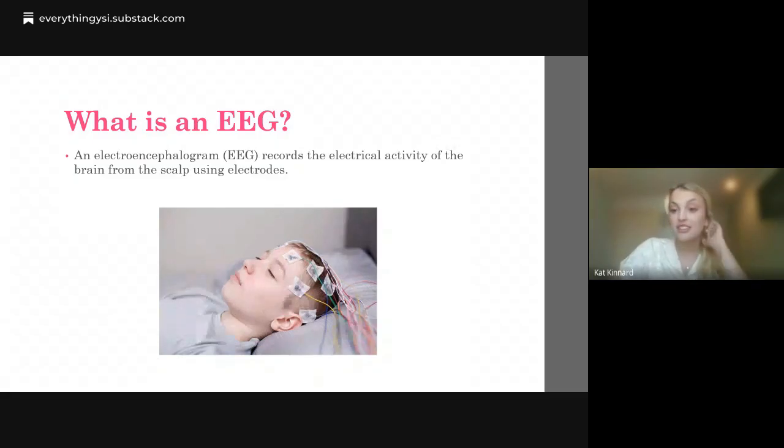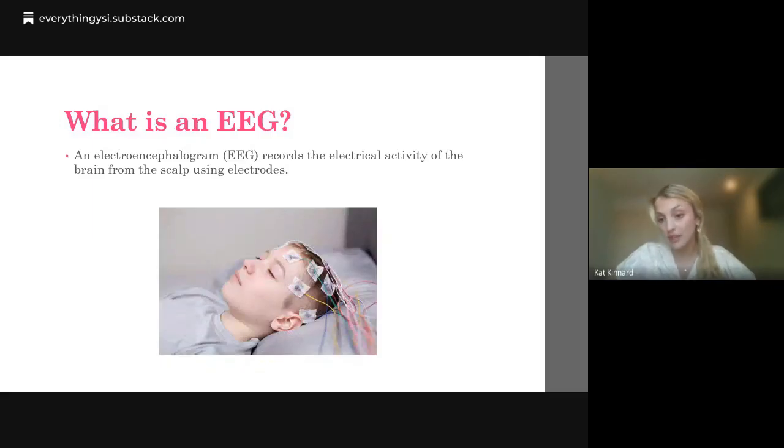The brain is an electrical organ, which may be a shock to some people, but every thought, movement, memory we hold, it occurs because of the transmission of electricity between the neurons in our brain. So an individual neuron produces signals that are really small, so small that we're not able to detect them from the outside of the scalp.